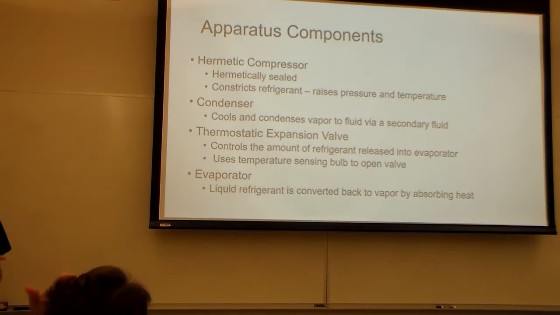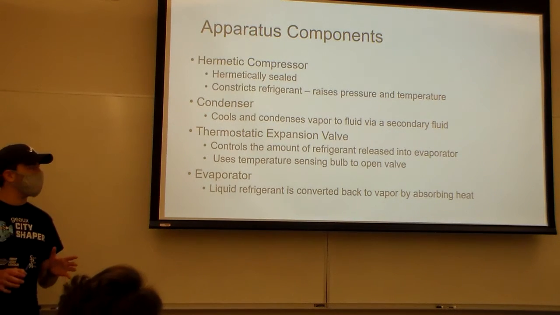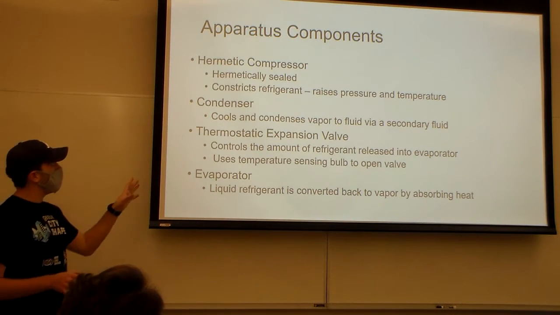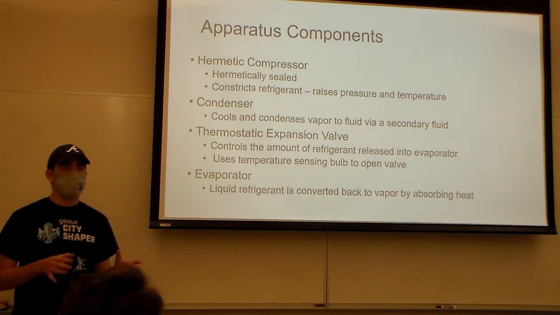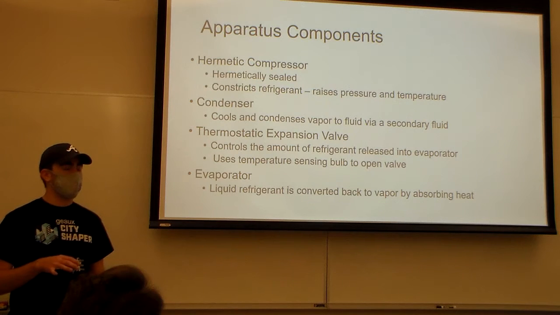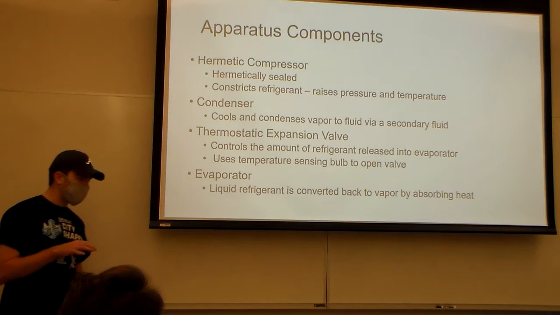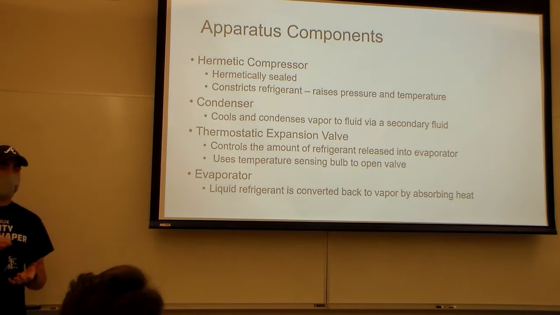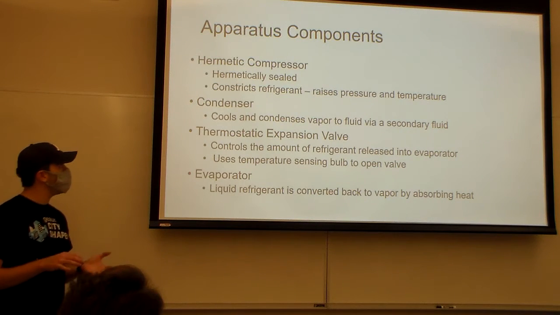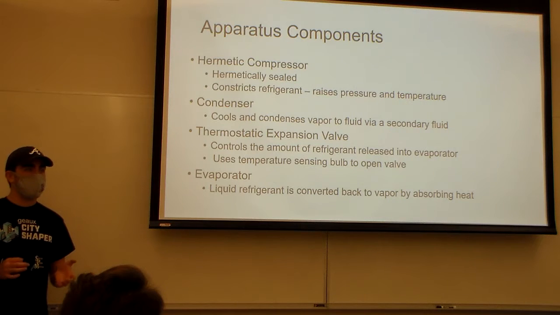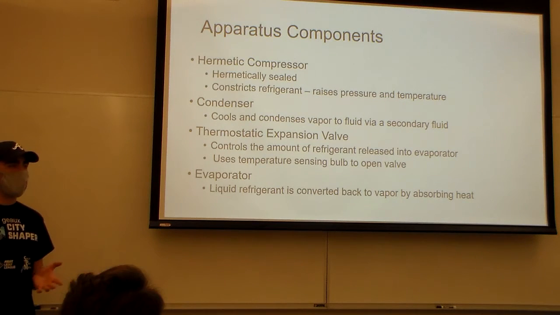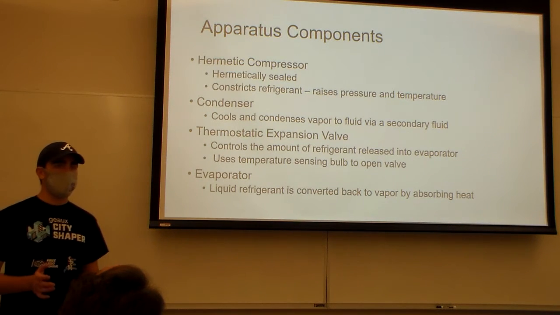All right, so more in detail of the actual apparatus components. First, we get the hermetic compressor, which is a hermetically sealed compressor, so that means there's no leaking happening inside the compressor. The compressor elevates the pressure and temperature of the working fluid. Then from the compressor, it goes into the condenser, where it cools and condenses the working fluid from vapor to liquid form, using a secondary fluid, which in most typical cases is going to be water.